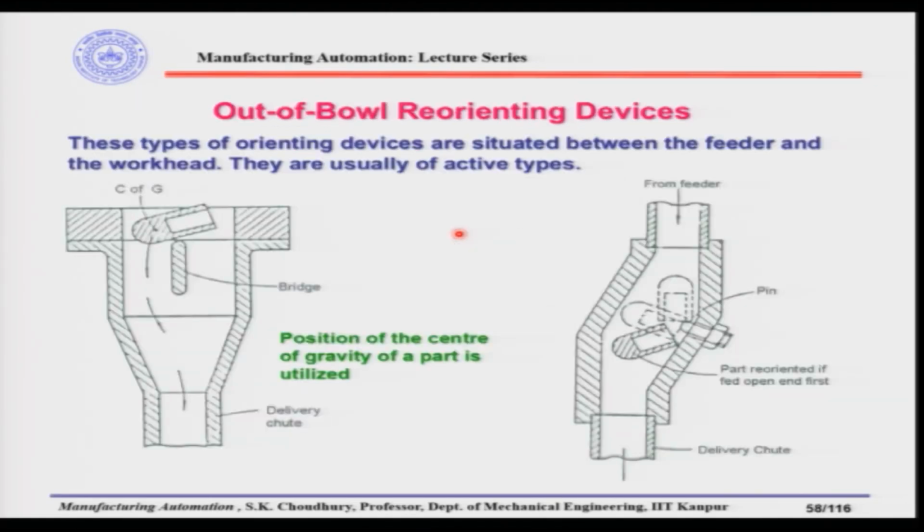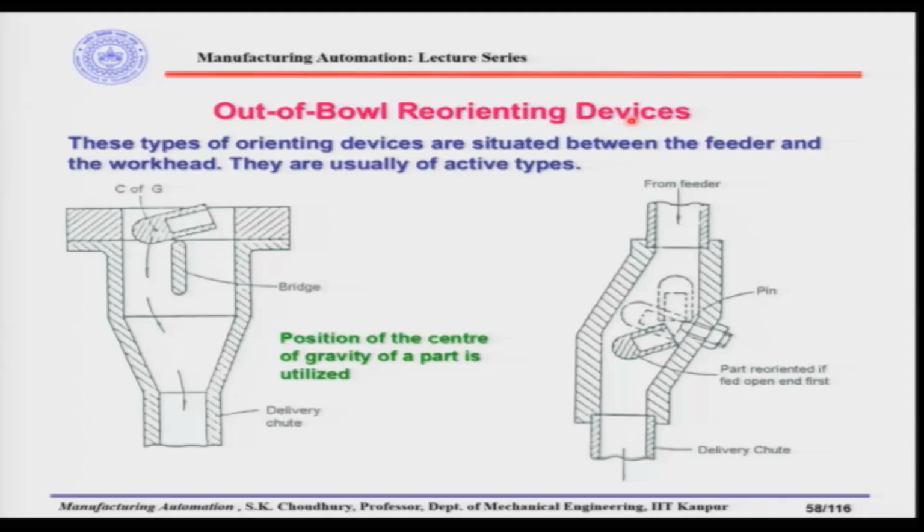Now, let us discuss the out-of-bowl reorienting devices, and I will remind you that out-of-bowl reorienting devices are always used outside the vibratory bowl feeder, and they are normally active orienting devices. If they were passive orienting devices, the parts would be rejected, but the parts cannot go back to the bowl, because these parts have already come out of the bowl and now they are going to the assembly system, to the assembly machine.